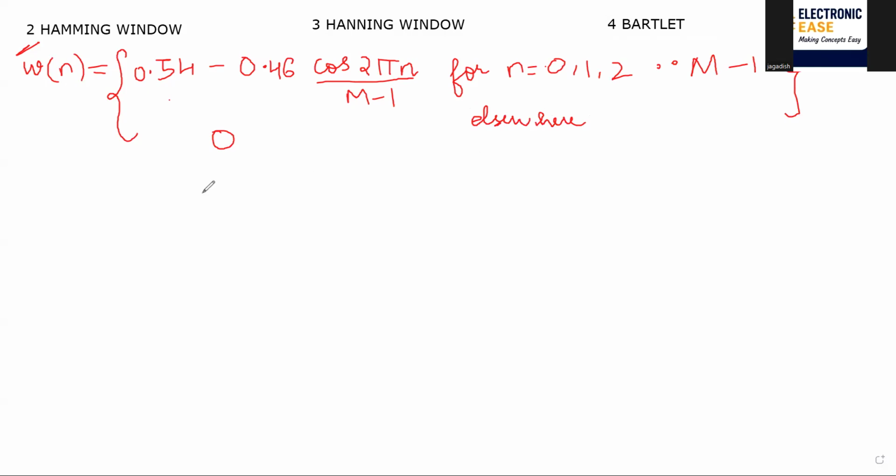So the next one is the Hanning window. Write down the Hanning window formula.